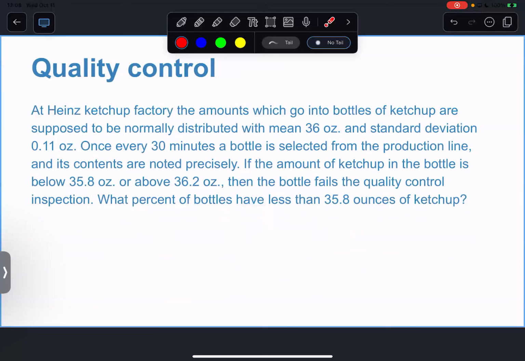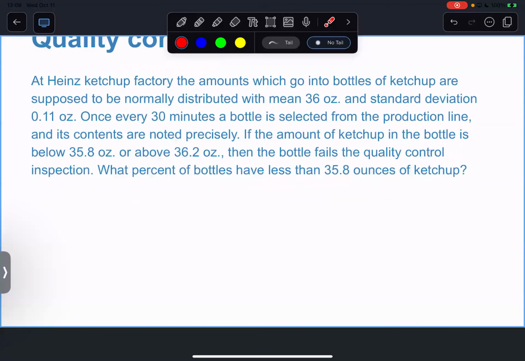Let's do an example. How much time do I have? Just enough. At Heinz Ketchup Factory, the amounts which go into bottles of ketchup are supposed to be normally distributed with a mean of 36 ounces and a standard deviation of 0.11 ounces. Everyone understands you go to the store, you pick up a beautiful bottle of Heinz ketchup, and it says it's 36 ounces, but that's on average.